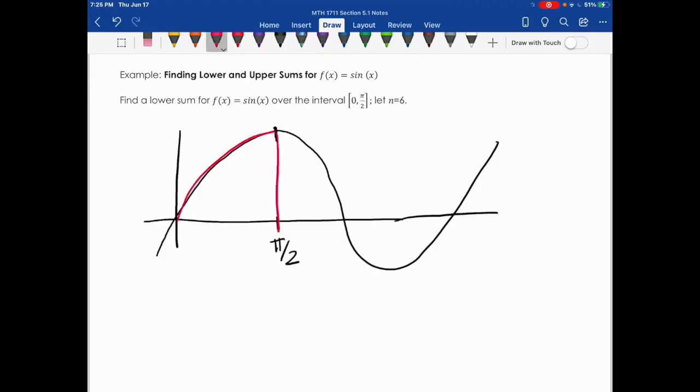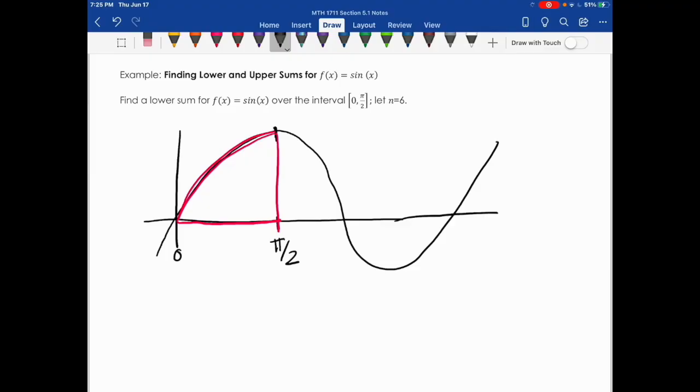At pi over 2 is where it peaks. So we're looking at this area under the curve from here to here. This is the area that we're trying to estimate from 0 to pi over 2.